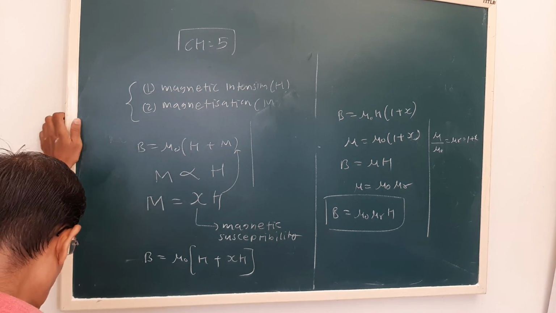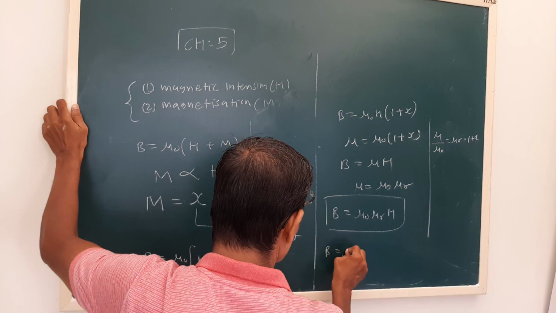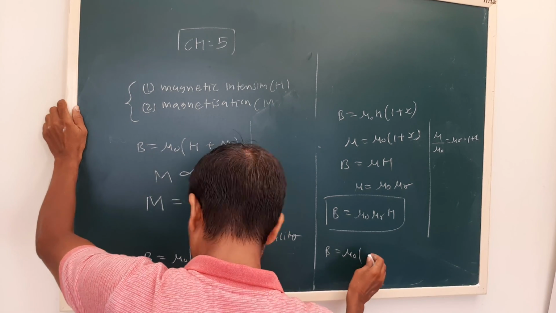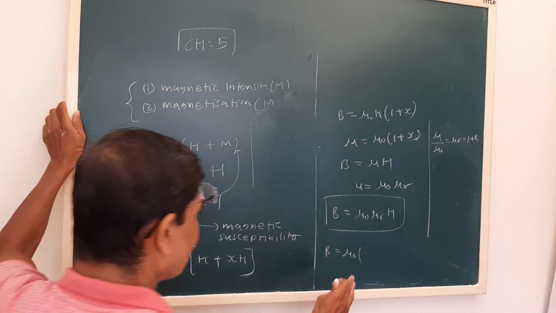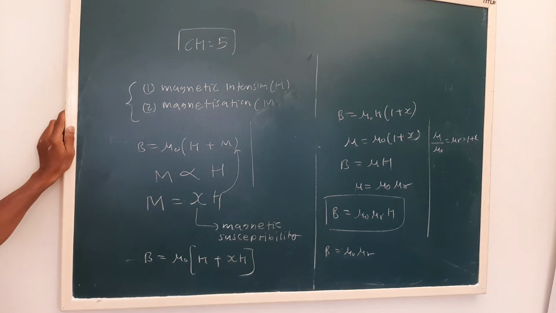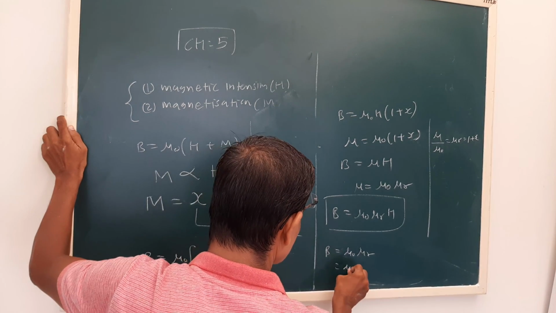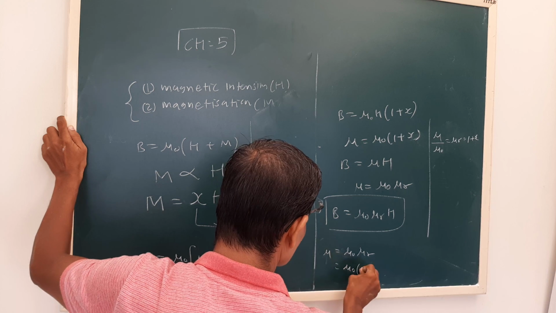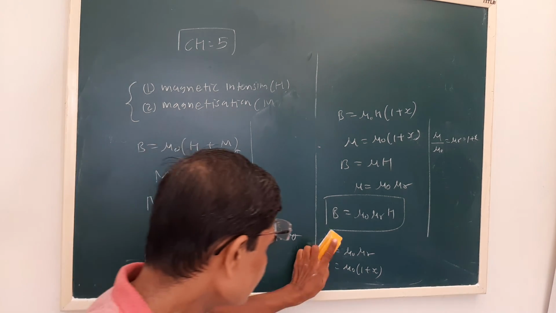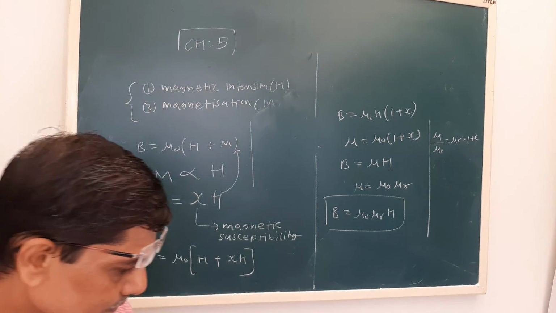Sometimes we also write B is equal to mu 0 mu r H, or mu 0 into 1 plus chi times H. So this is about the magnetic property of the materials.